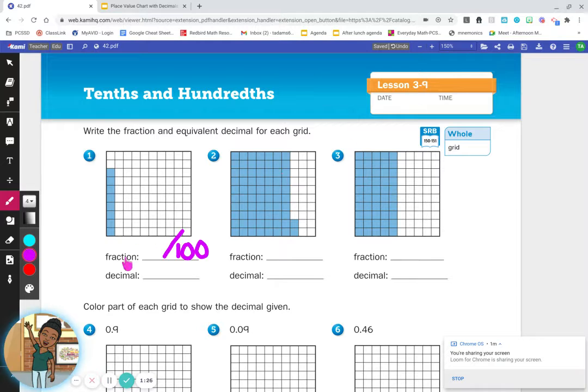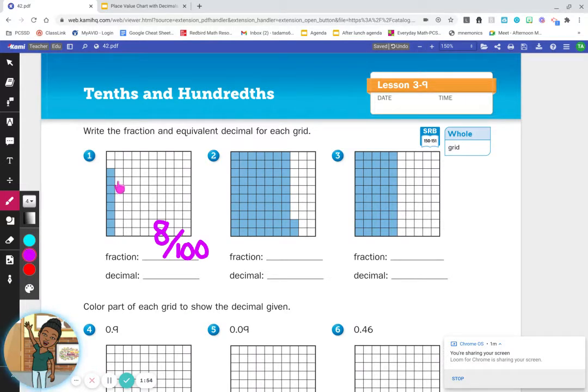How many squares do I have shaded? 1, 2, 3, 4, 5, 6, 7, 8. Yes, I have 8 squares shaded, and 8 is going to be my numerator. Remember, my shaded area, whether it's a circle, a number line, my top number, my numerator, tells me the part that I have.